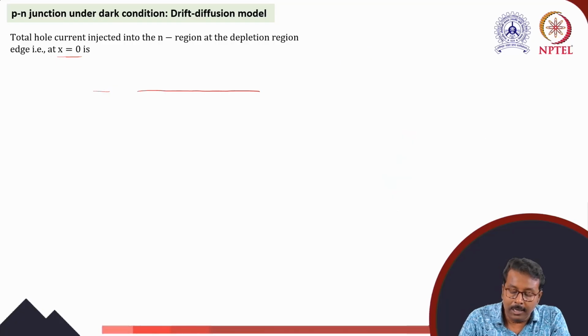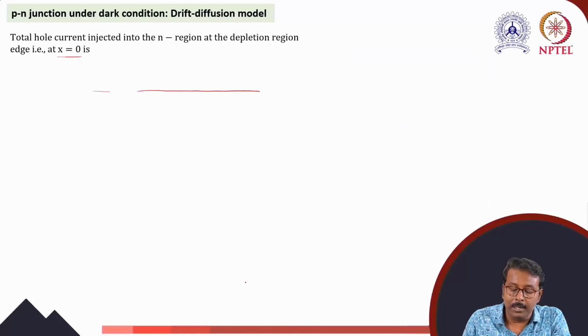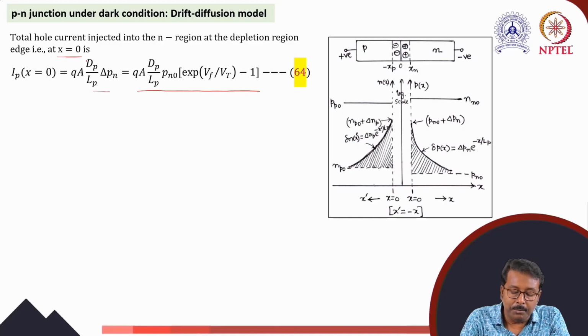And earlier, whatever we derived was the position dependent current, IPX, but we had not got the value of IP. IPX is position dependent, so to get this value, we have to put x is equal to 0. So this is the current where the slope is maximum, the change is there.